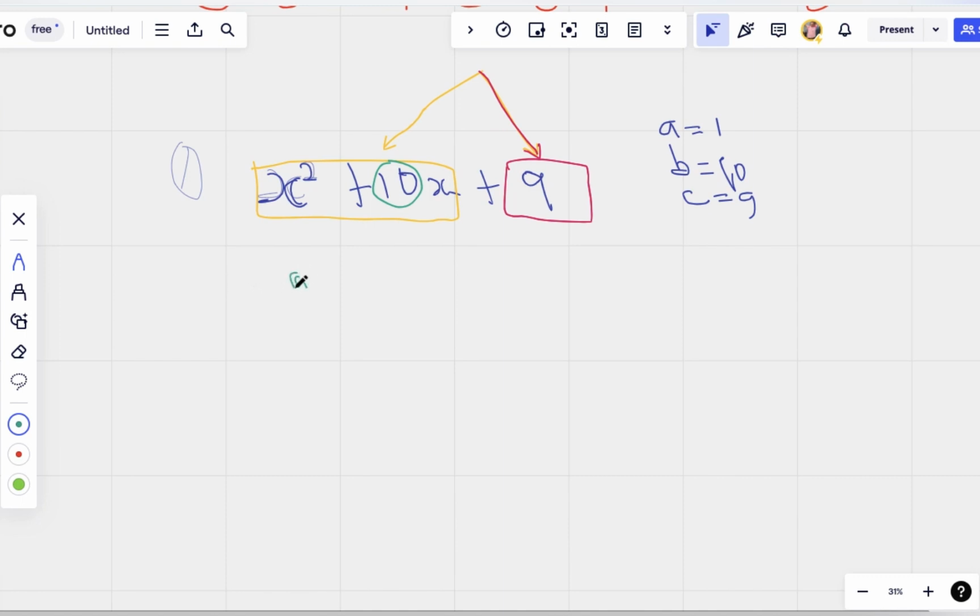Condition 1: halve the coefficient of x.